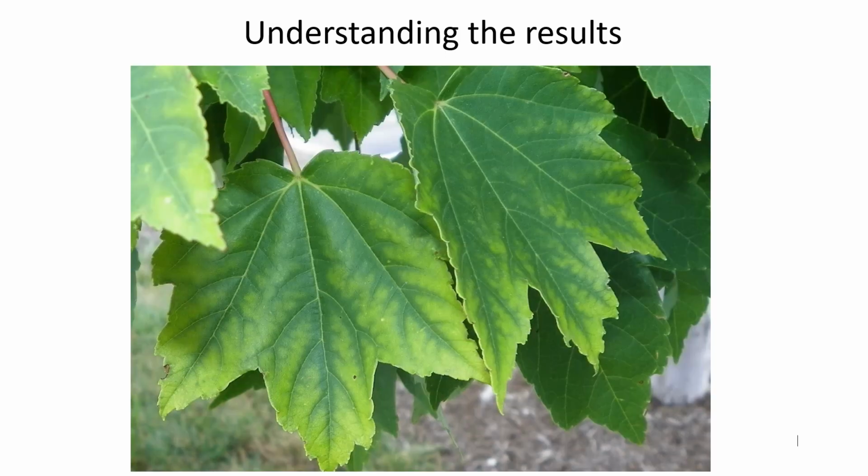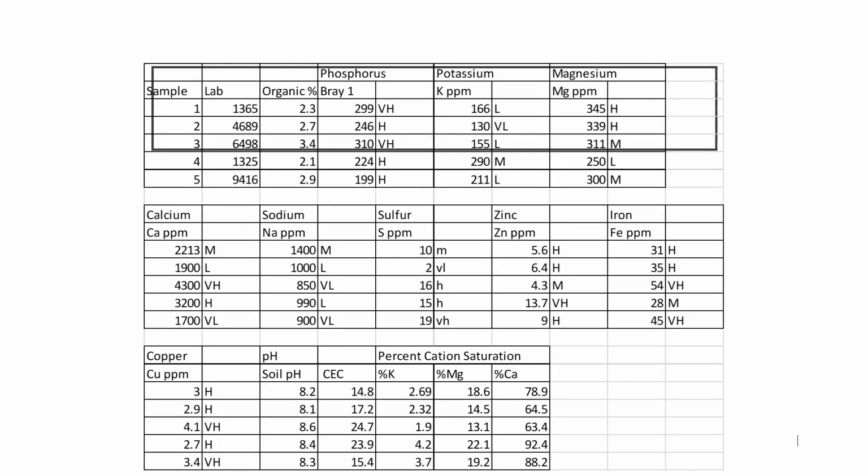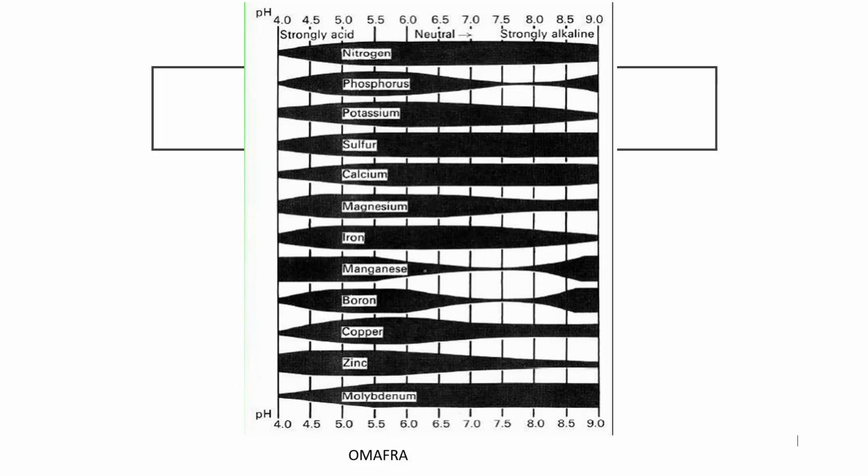And so this situation right here is almost always, at least on the maples, manganese. There were several studies that looked at chlorosis of maples in field-grown nurseries, and they found there was no iron deficiency in any of them. It was always the manganese.